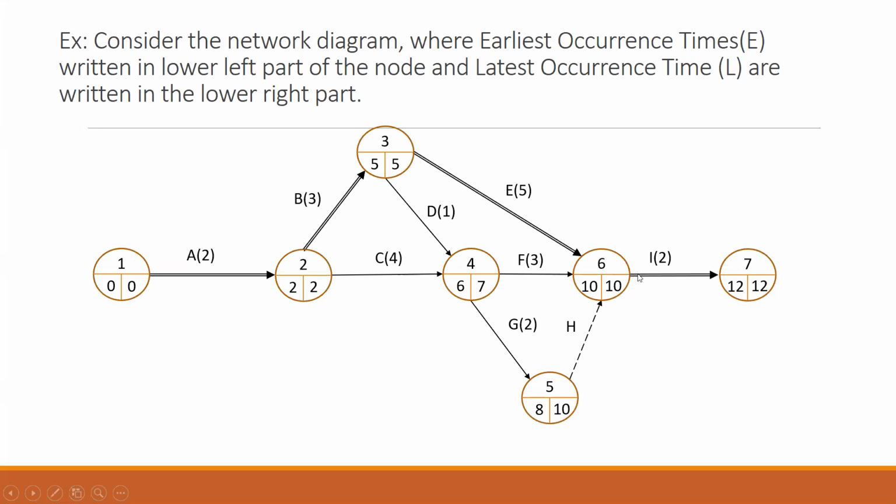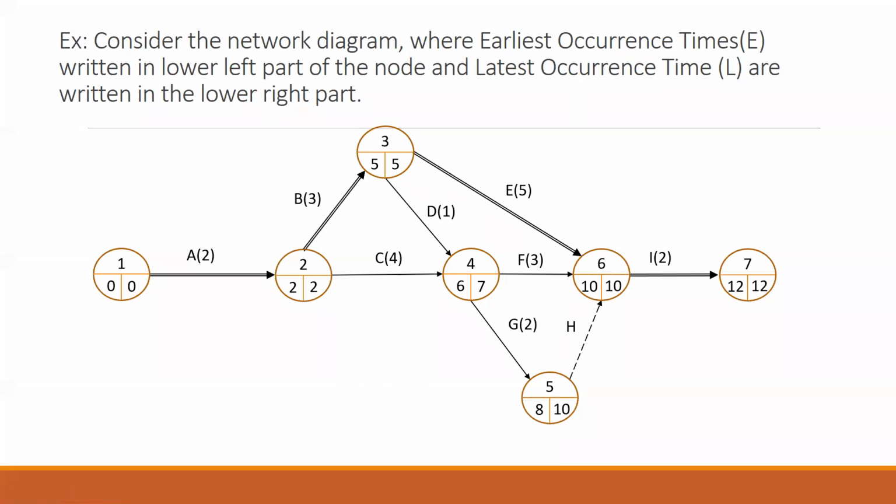That's why we have put this in a double line, or you can also put a bold line there with the arrow. The second one, you can see, is the node where the same values are there. The values of E and L are the same. That's why this and this, that is activity E, or you can call it 3-6, becomes your critical activity.